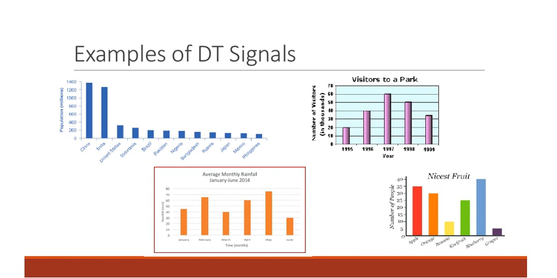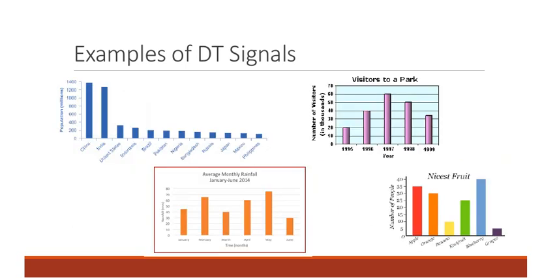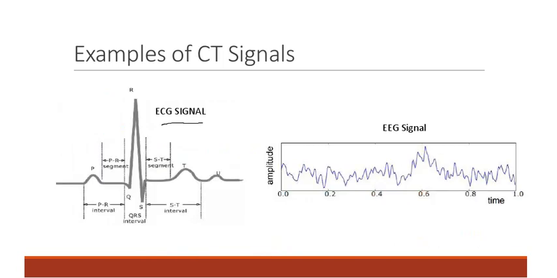Similarly, here is another example. With these examples, we have a clear insight of when to go for a CT signal and when there is a need to go for a DT type of signal. CT signals are signals wherein we need to know the value of the signal for all instants of time. It is essential to get the value of the signal.